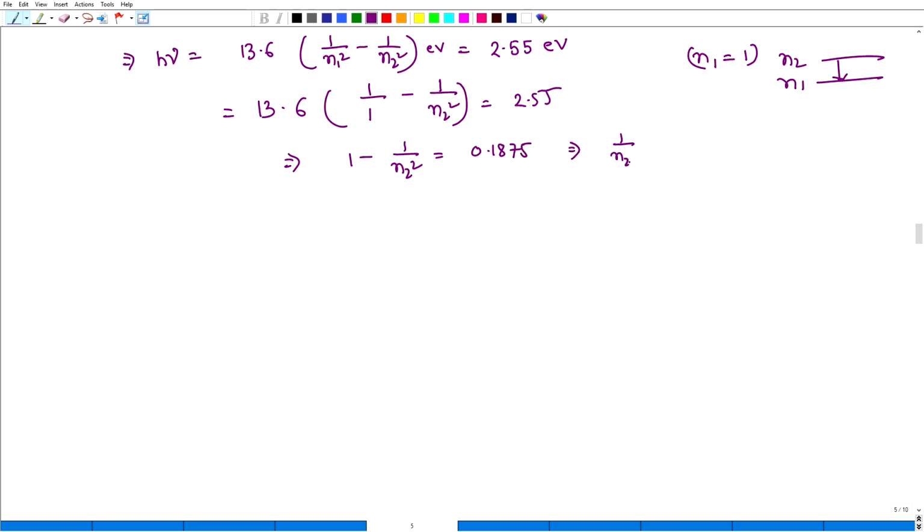So, 1 by n2 square is 1 minus 0.1875, so it is 0.8125. So, n2 square will be 1 divided by 0.8125, it is 1.230 something. So, n2 will be just the root of that answer. So, it is root over 1.230, it is 1.10.